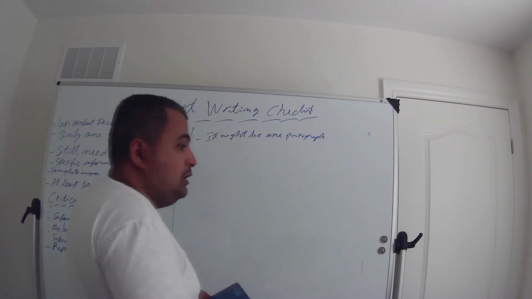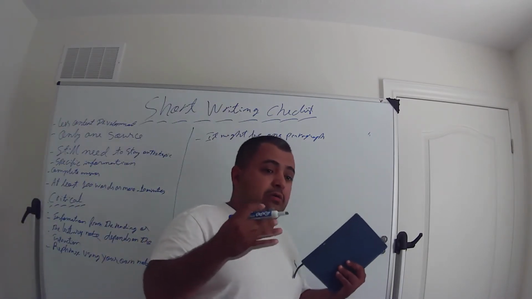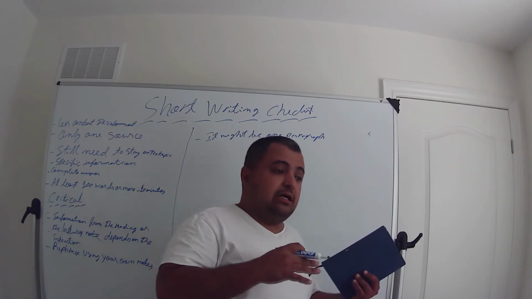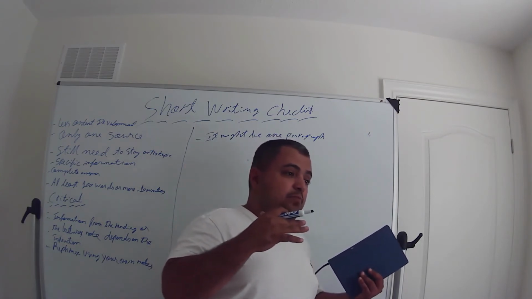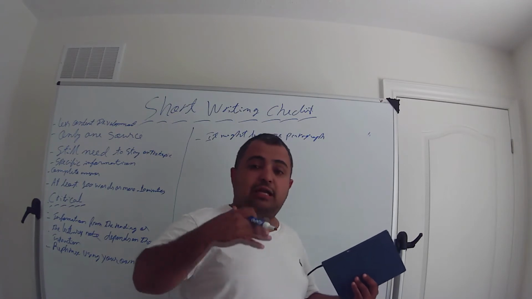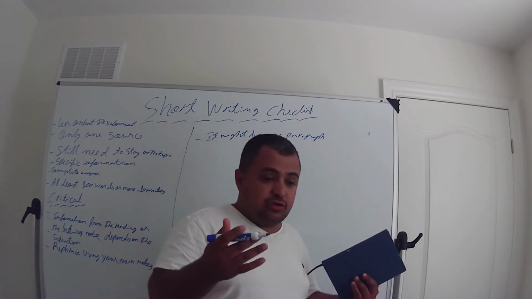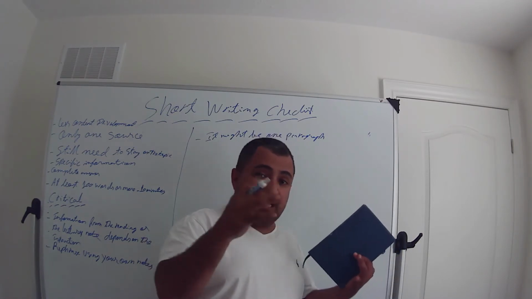You can write more, but because you have only 10 minutes, maybe you wouldn't have the time to write more than one paragraph. Also, if you write more, it has to be related to the topic.